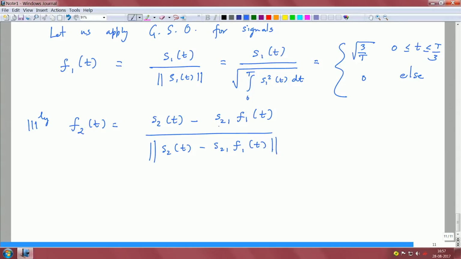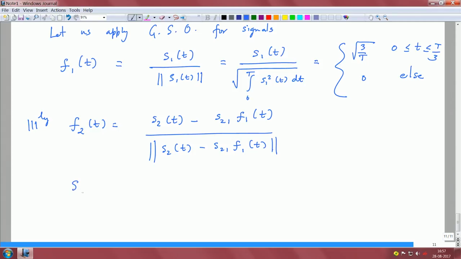Now, how do you compute? So, now S2. If you take the integral of S2 with F1, you just dot it with F1, right. S2 with F1 in the direction of F1 is what we need to do. You can take the inner product, right.